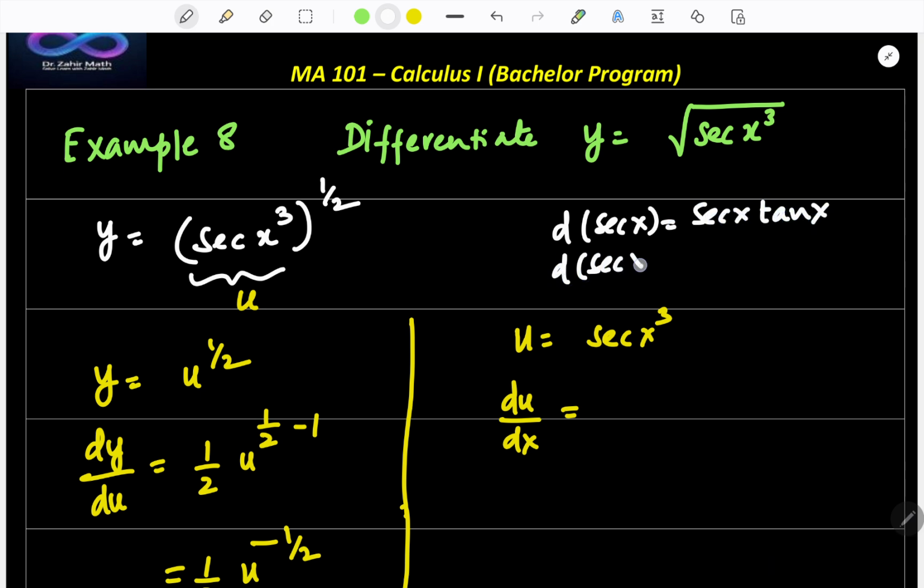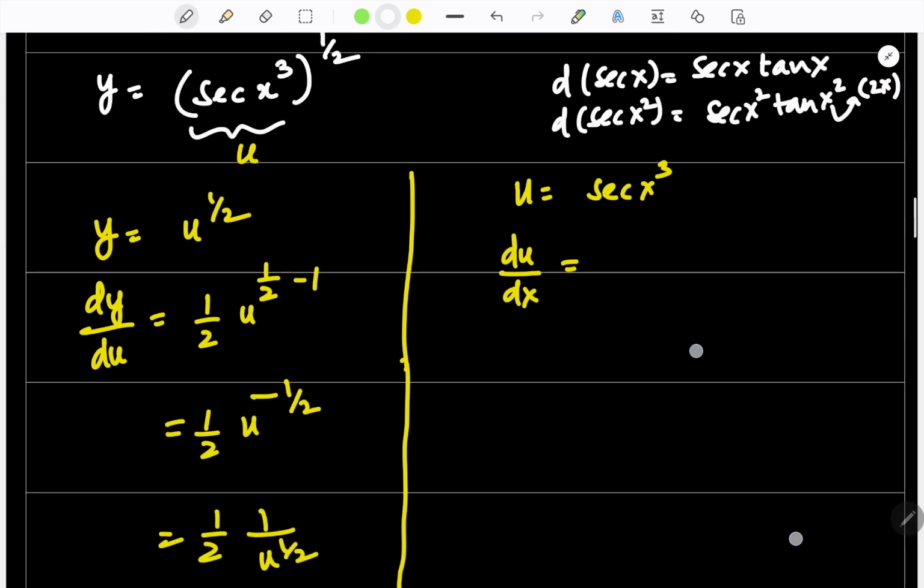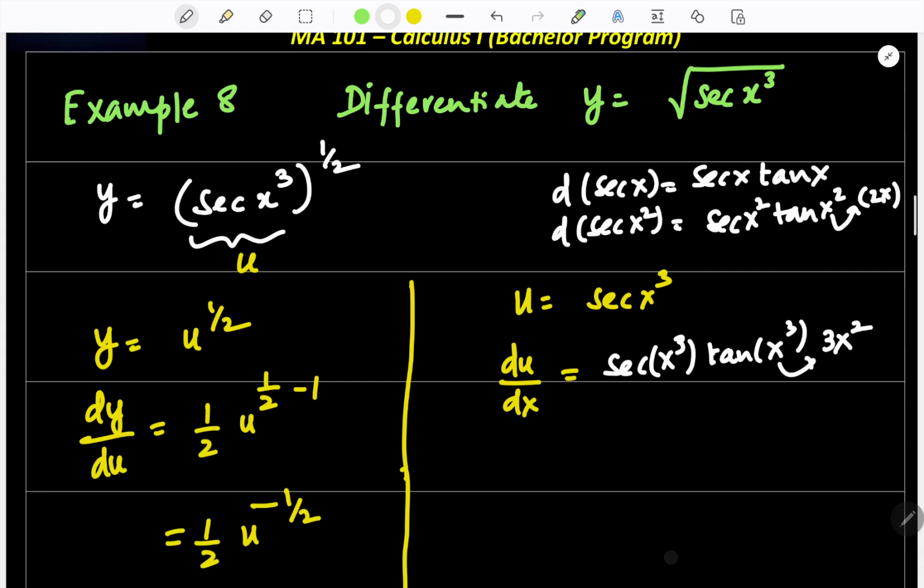The derivative of secant x square is secant x square tan x square times the derivative of x square, which is 2x. Same idea: the derivative of secant x cube is secant x cube tan x cube, and then the derivative of x cube is 3x square.